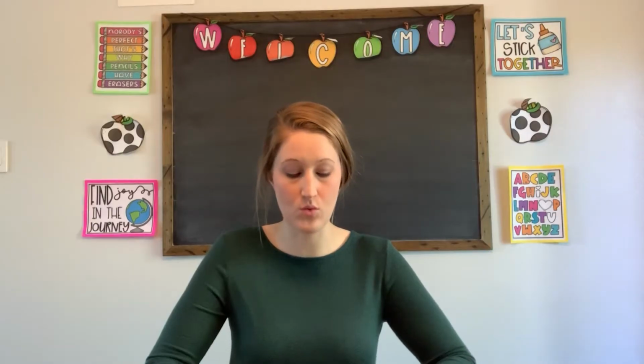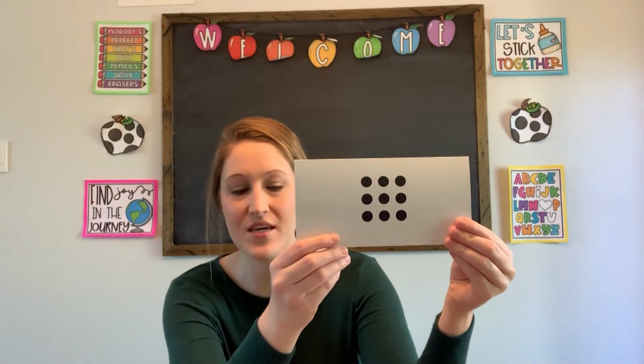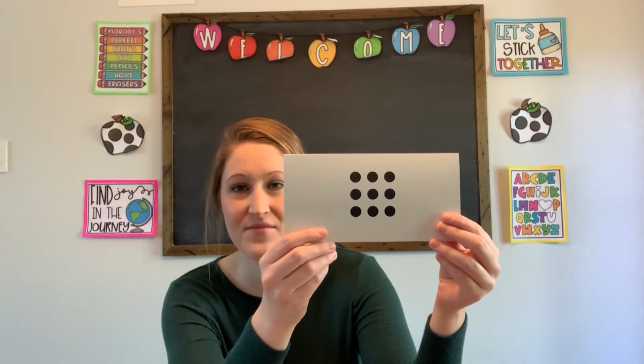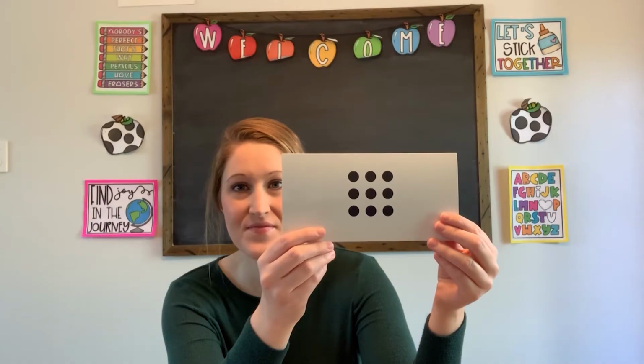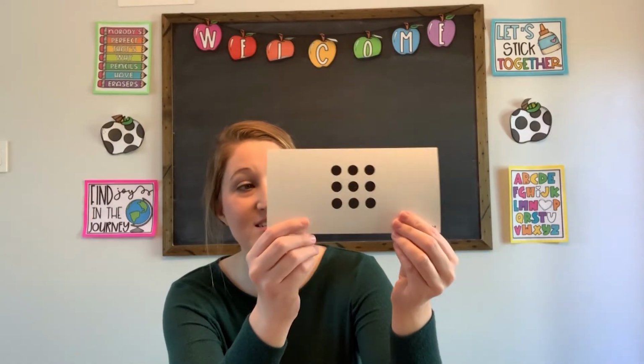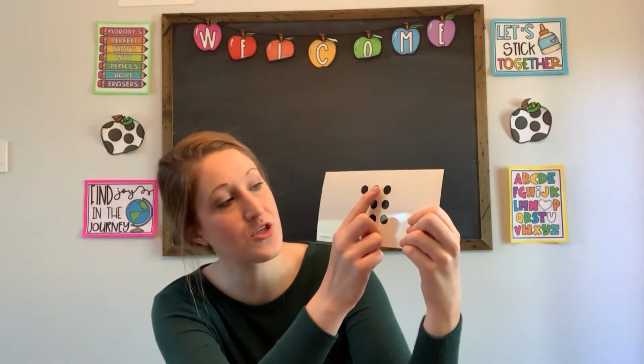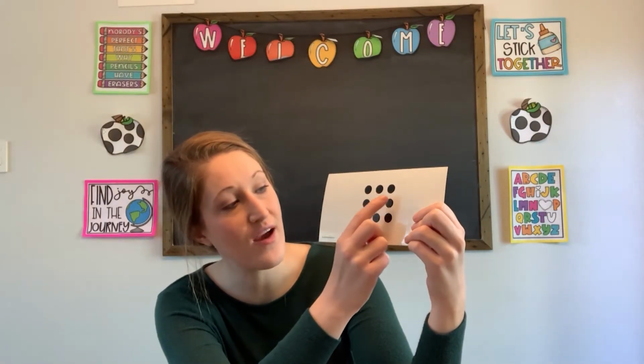Excellent. Ooh, here's some dots. How many dots do you see here? Awesome, there are 9 dots. We see that there's 1, 2, 3, 4, 5, 6, 7, 8, 9 dots.